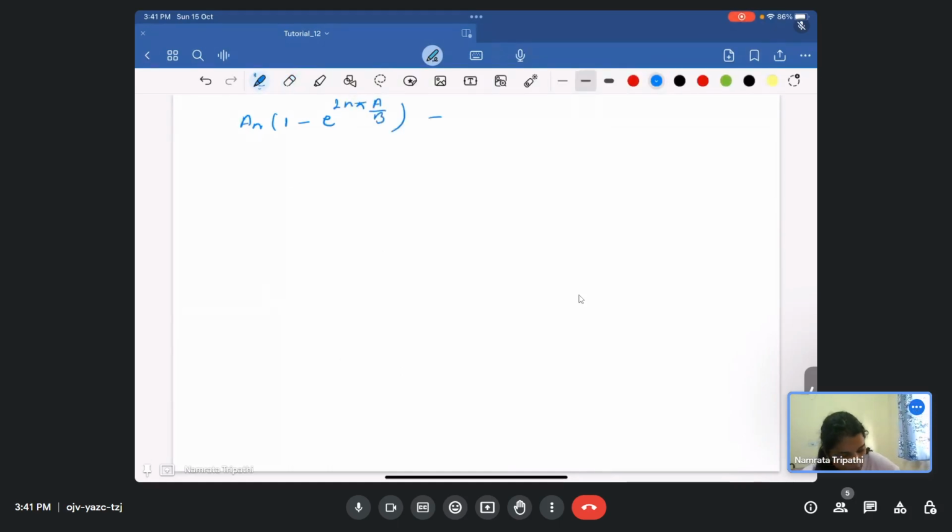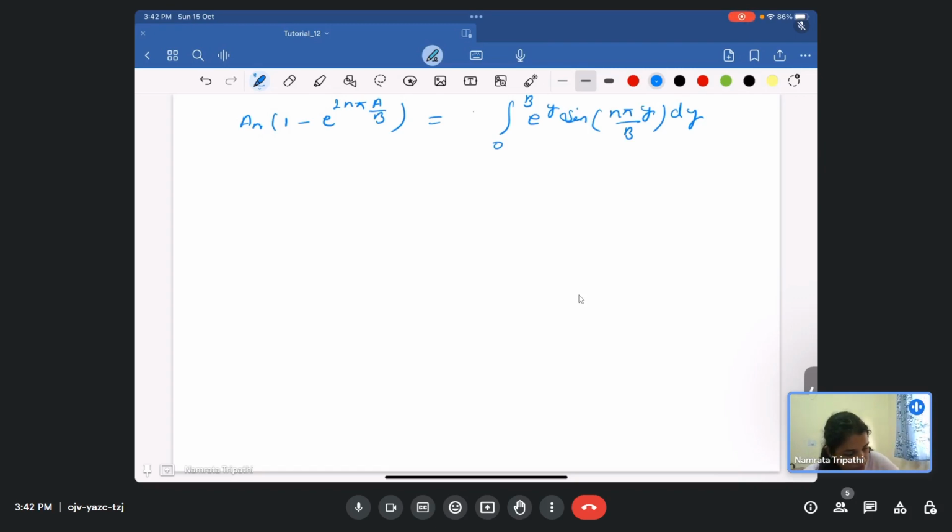Okay, so 0 to b e to the power y sine n pi y on b dy, and in the denominator you will get 0 to b sine square n pi y by b.